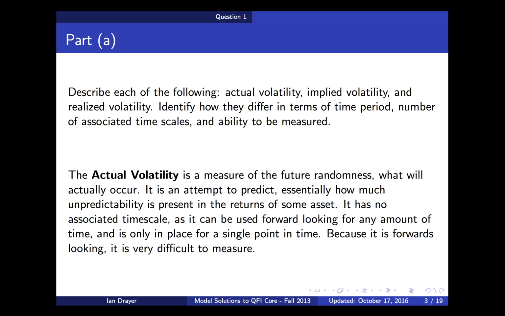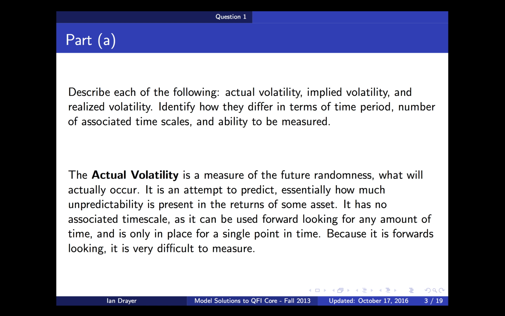The actual volatility is the measure of future randomness, how much the stock or the underlying price will change in the future. It's an attempt to predict how much randomness will be present. It has no associated timescale that it's based off of, as we're looking at it in a forward-looking time span.